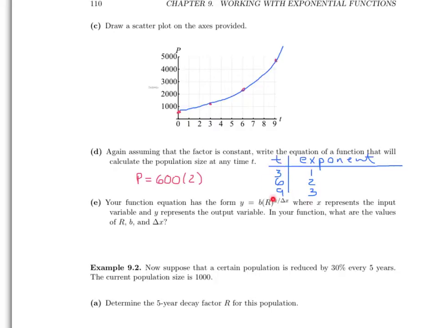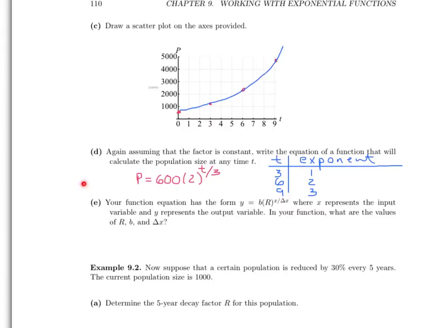In other words, if I take my time and divide it by 3, I get the exponent that goes on the 2. So if I want to calculate the size of the population at time t, the exponent will be whatever that time is divided by 3.